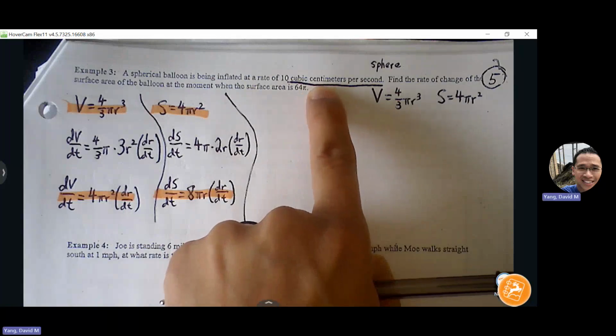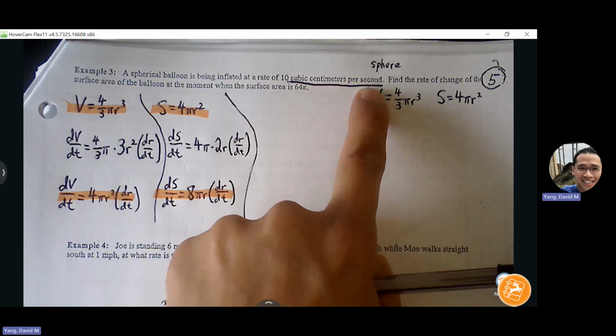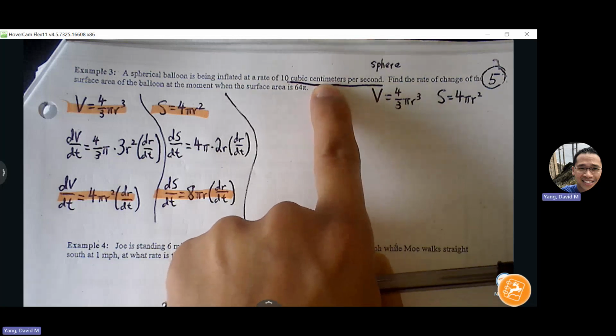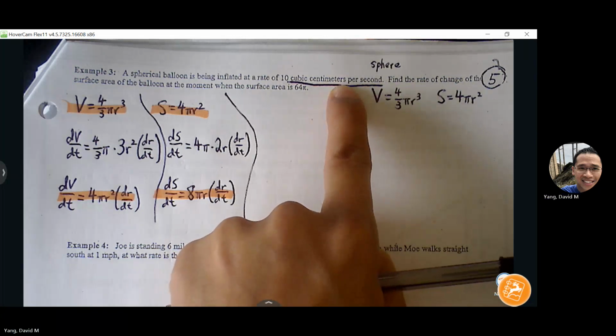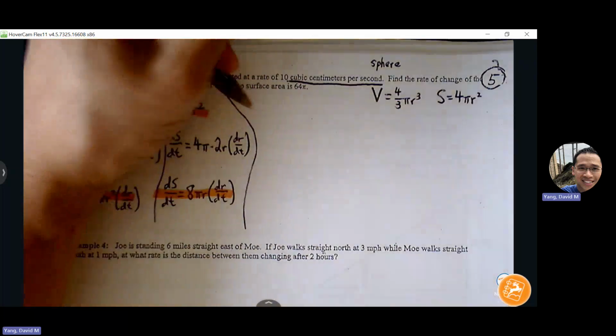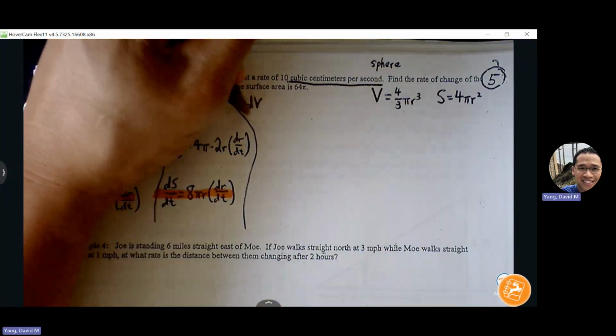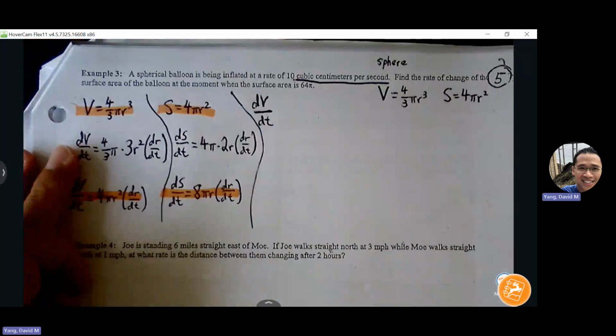Cubic centimeters is a unit for what? Volume, right? But per second. So I need volume, I need time. What's the only variable that's going to hold that information? dv over dt. Good. So sometimes it doesn't say, oh, that's the volume, but the units is what you're going to use to kind of help you narrow down your choice.